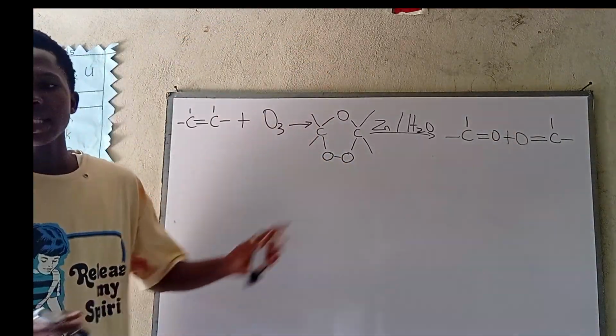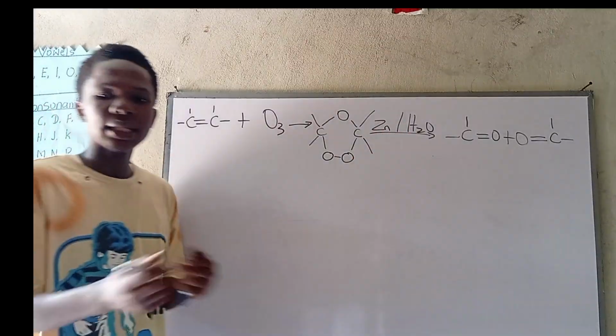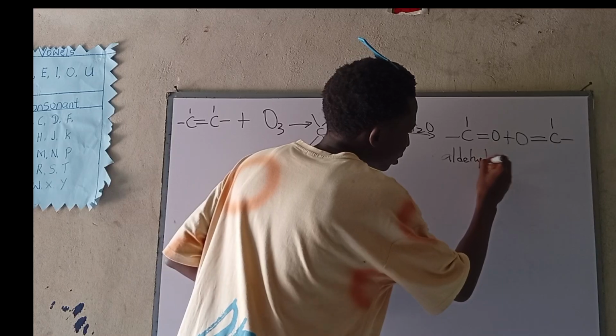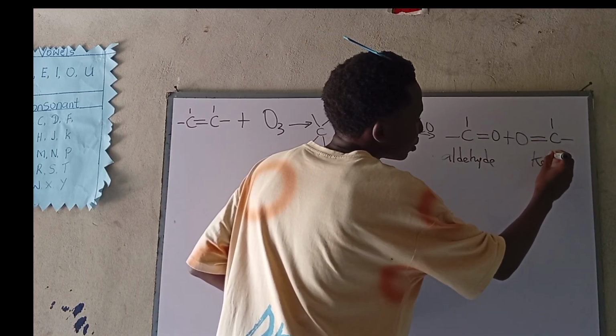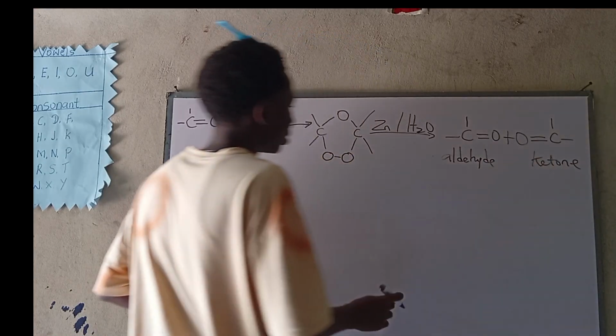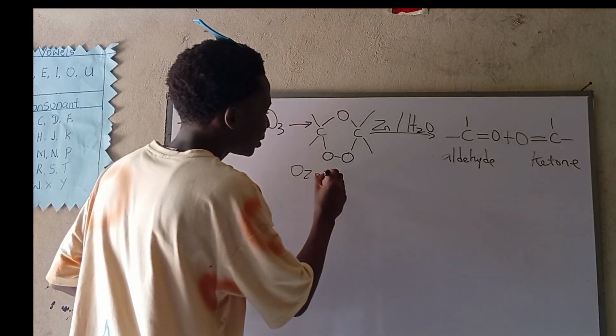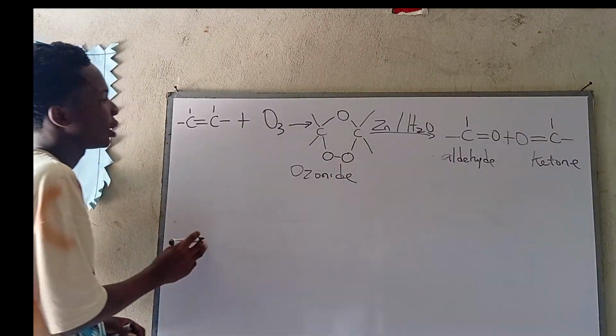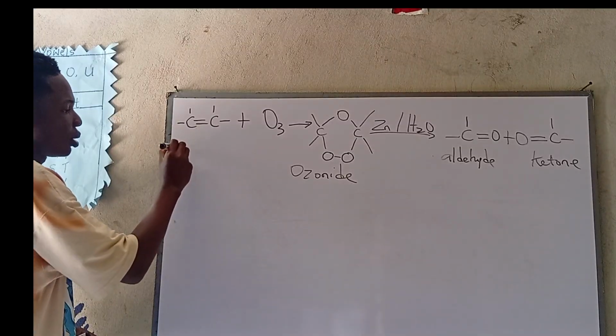So this is how it looks. This is our aldehyde, and this is our ketone. This is our ozonide. This is our ozone. And finally our alkene.